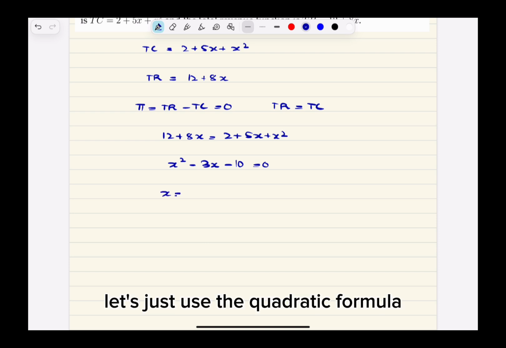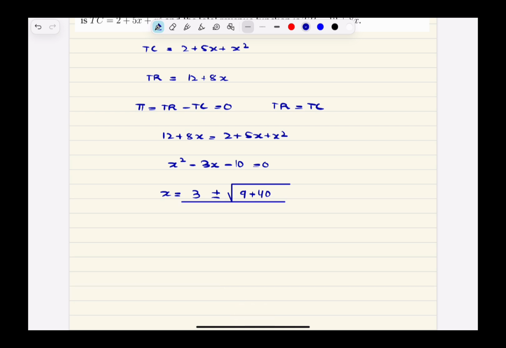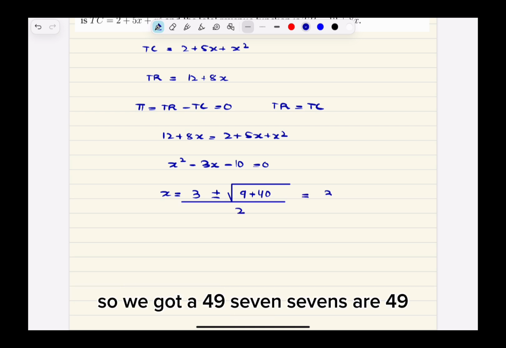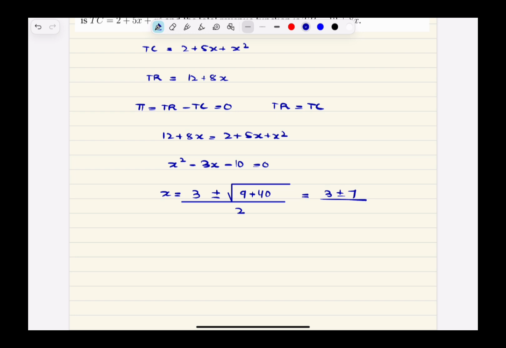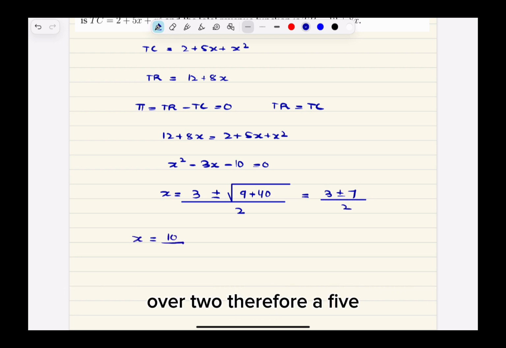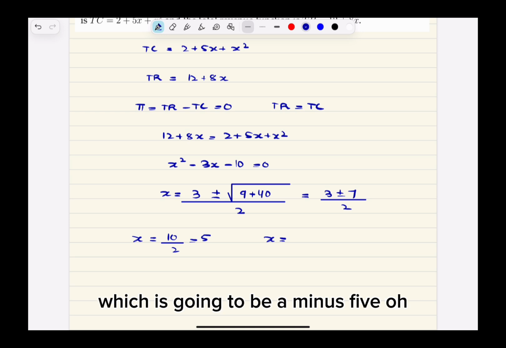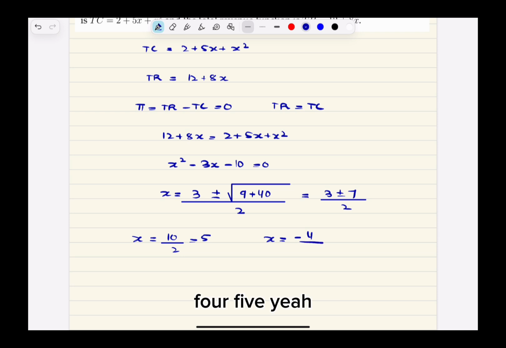Let's just use the quadratic formula: -b ± √(b² - 4ac) over 2a. So we got 49, 7 sevens are 49, and therefore one value of x is 10 over 2, therefore 5, and the other is 3 minus 7, which is going to be -4 over 2, therefore -2.